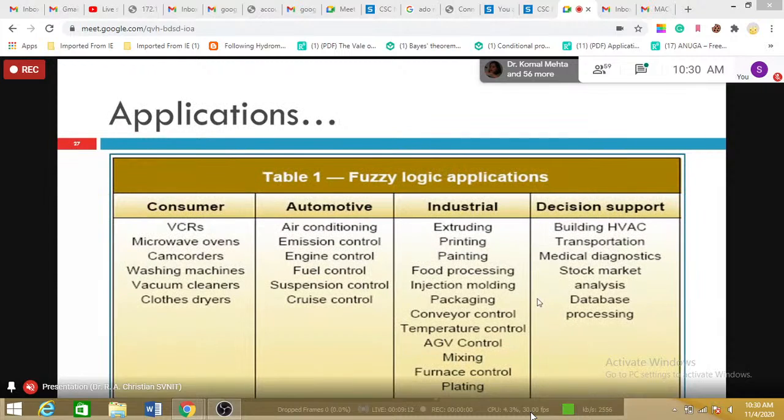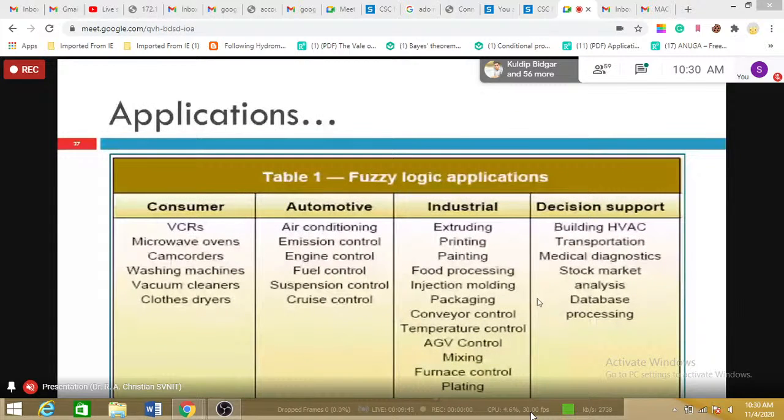Now, with this understanding, there are a lot of fuzzy applications which have come out in various fields of engineering: automotive, consumer, microwave ovens, our electronic appliances, washing machines, vacuum cleaners, clothes dryers, air conditioners, emission control devices, fuel control devices, industrial and decision support systems.